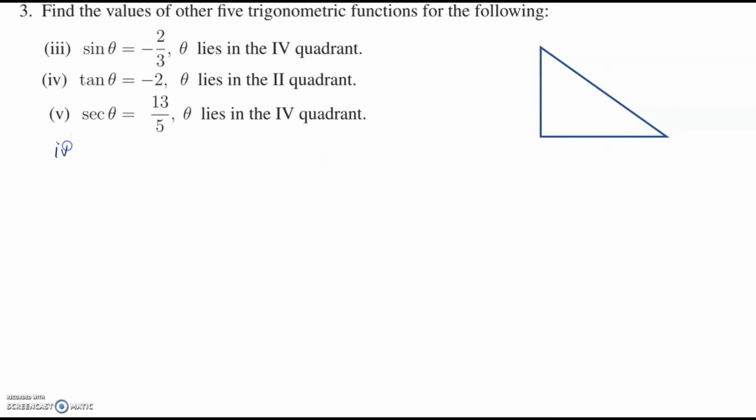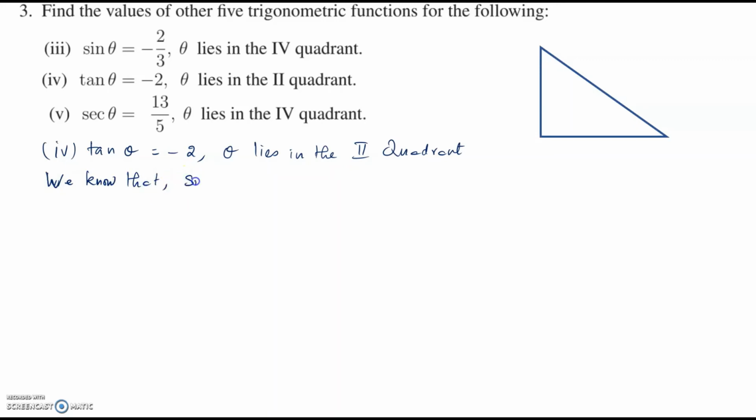Question number 4. Given to us tan theta is equal to -2, and our theta lies in the second quadrant. So we know that sine theta and cosecant theta are positive in the second quadrant.